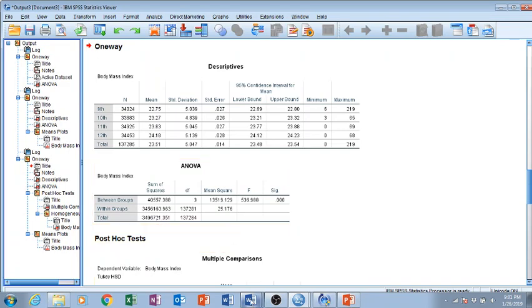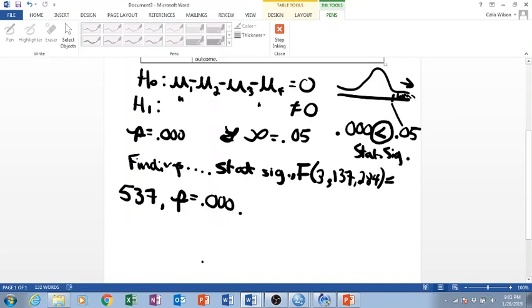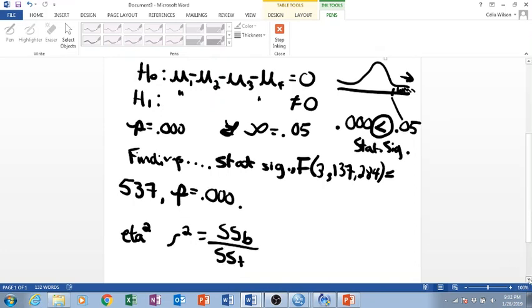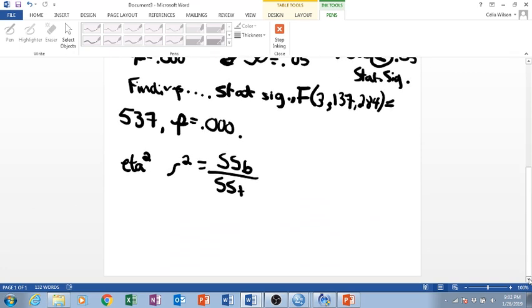So let me come back over here where I can write. Okay, so just to remind you, the effect size is eta squared, or you can use the symbol, which is equal to the sum of squares between divided by the sum of squares total. That, like I said, comes from your SPSS output.